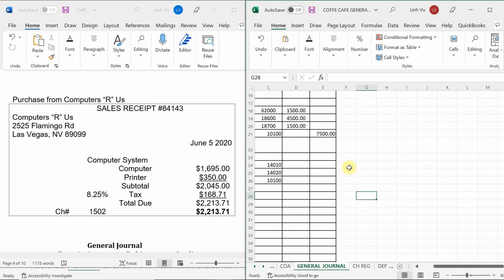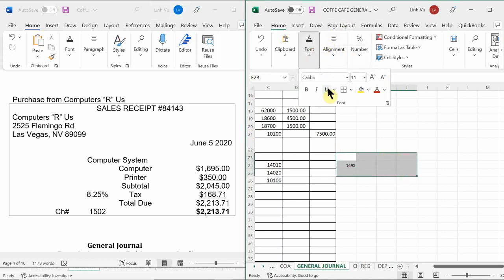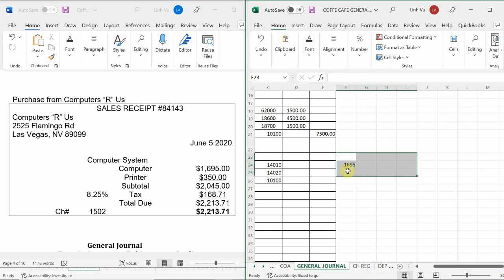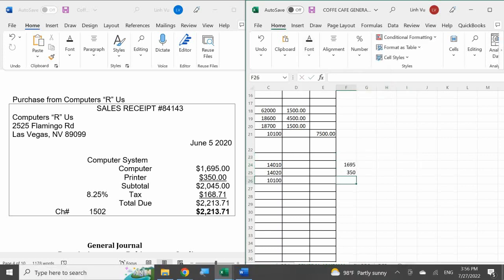So if my computer is $1,695 and my printer is $350, I need to figure out how much it's going to cost me for the tax.